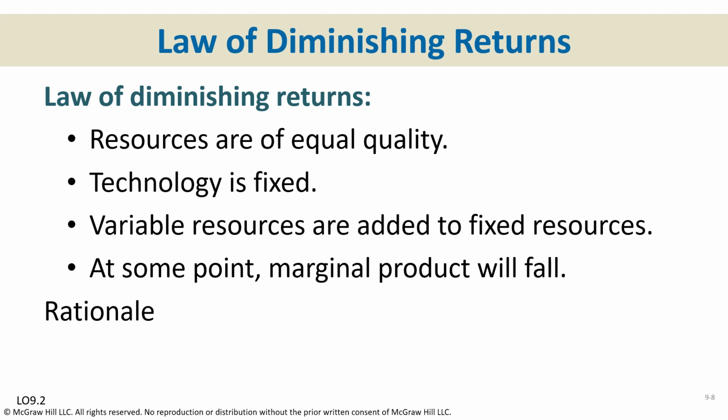This is where we might see diminishing marginal returns, where the TP is still increasing when hiring one more unit of labor, but it doesn't increase as much as it did with the previous units of labor. The table on the next slide presents a numerical example of the law of diminishing returns.